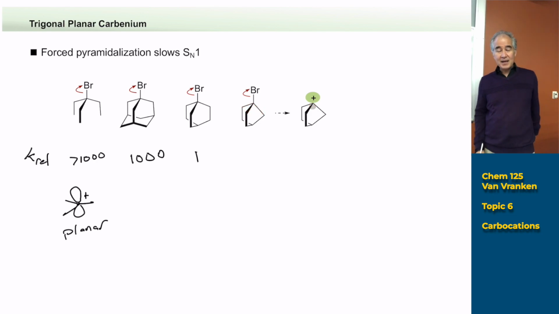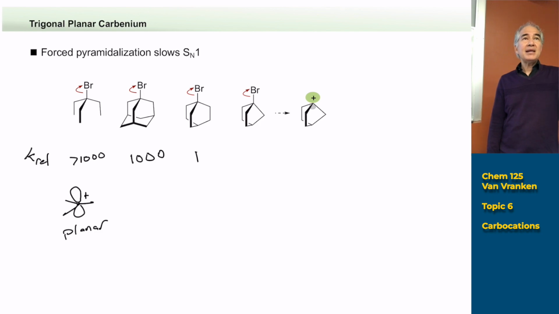All those tight bond angles, that can't be simple p hybridization of that empty orbital. We've got a number for this: 10 to the minus 7 relative rate. Man, you don't want to be making empty sp3 hybridized orbitals. That's just crazy. So it can't planarize. It's not planar. It's pyramidal, and that's bad.